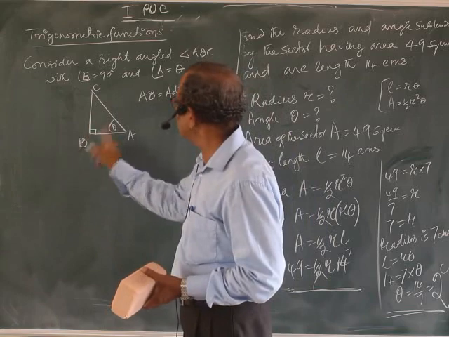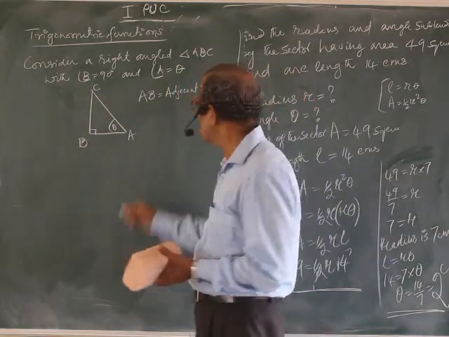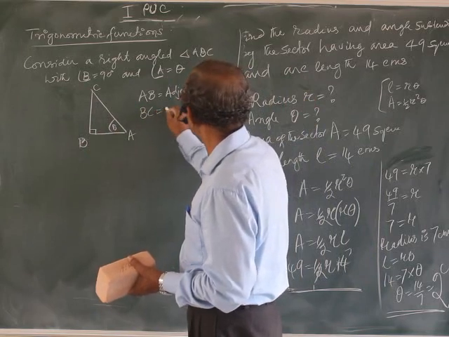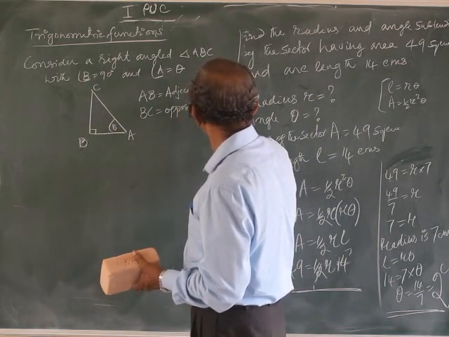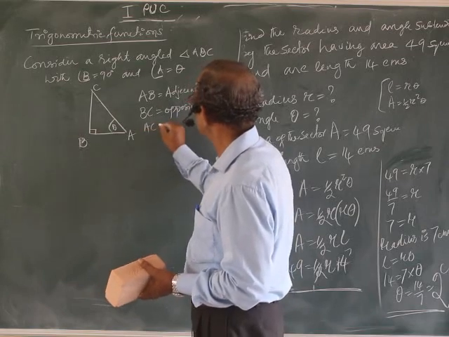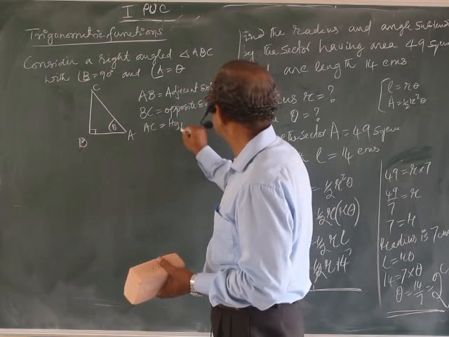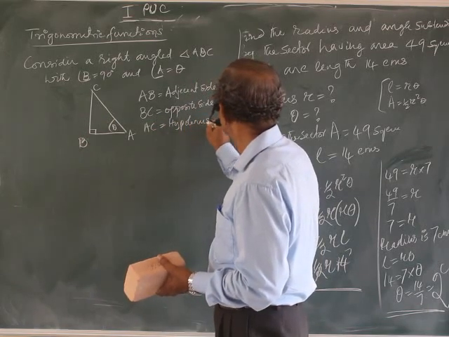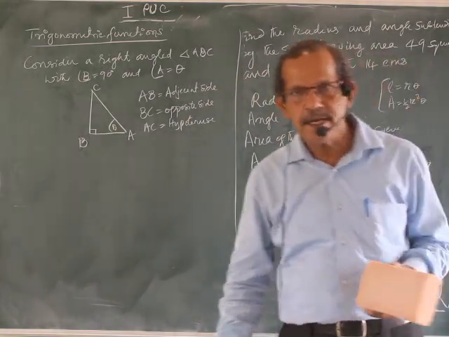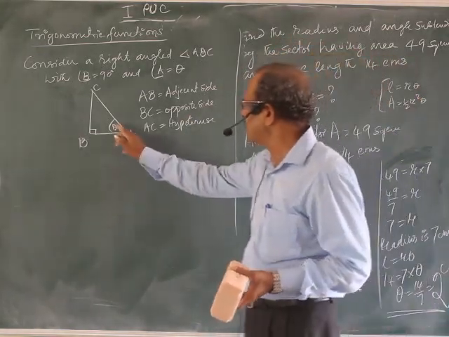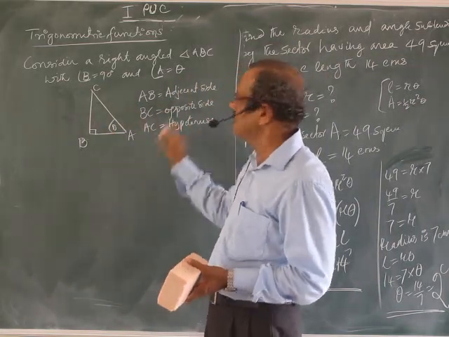And this BC is far away from the angle theta, so it is the opposite side. And AC, always opposite to the 90 degree, is the hypotenuse. Consider the right angled triangle in which one of the acute angles is taken as theta. All three sides are named like this.